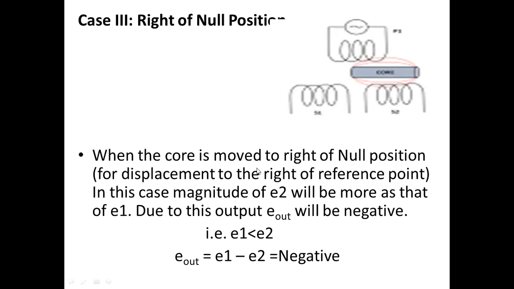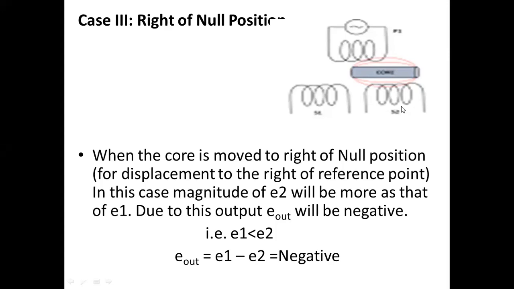So when the core is moved to the right side, the core is pushed inside here. We call this right of the null position. Null position means center, so this is the right side of the null position. In this case, the magnitude of E2 will be more, meaning the flux linkage of secondary winding S2 will be more as compared to S1.